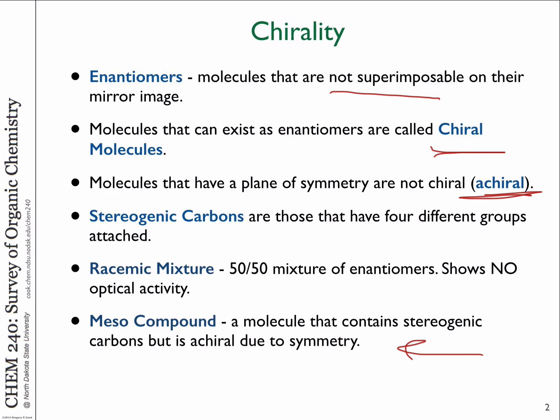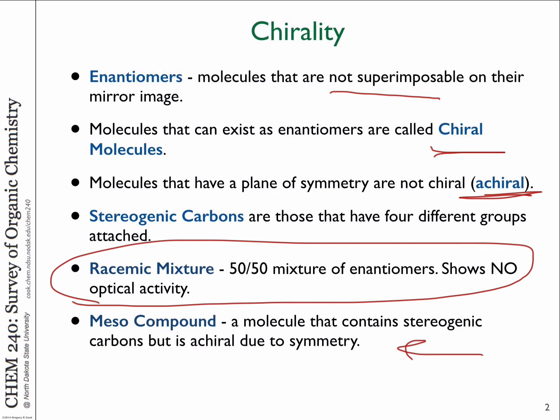But recognize that that's the property of chiral molecules, and that if you have a 50-50 mixture of both enantiomers, a racemic mixture, that property won't be observed because they're canceling each other out. So no optical activity with a racemic mixture, because it's a mixture of those 2 enantiomers.